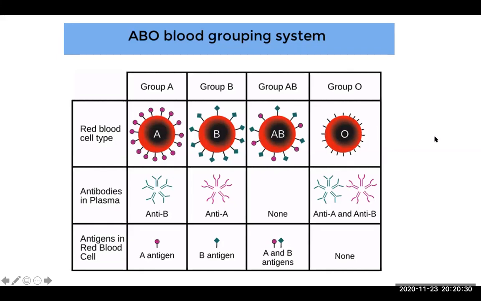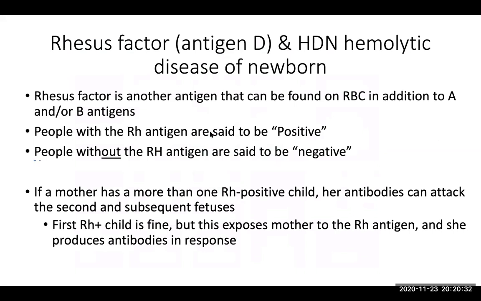Furthermore, you've heard positive or negative, which refers to an additional antigen called the rhesus factor, and also sometimes referred to as antigen D. Okay, so if somebody makes an antibody against the antigen, that would be an anti-D antibody.